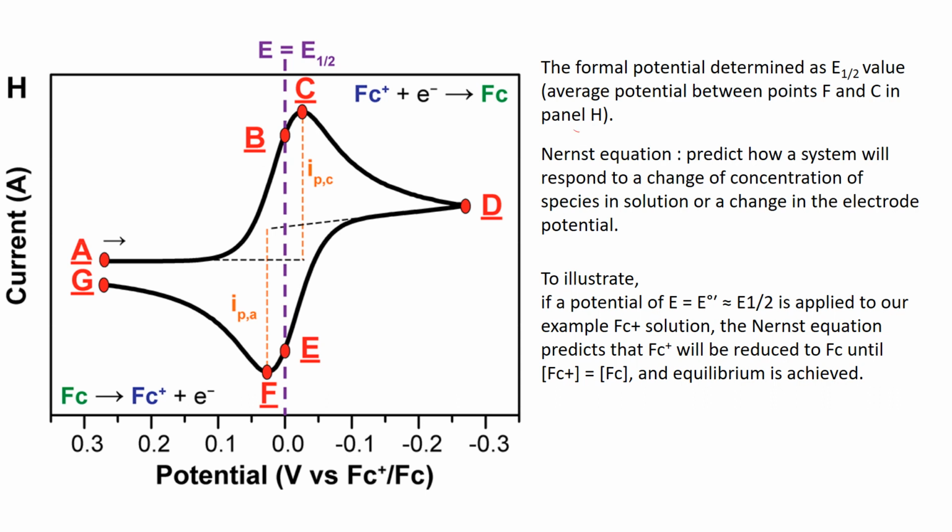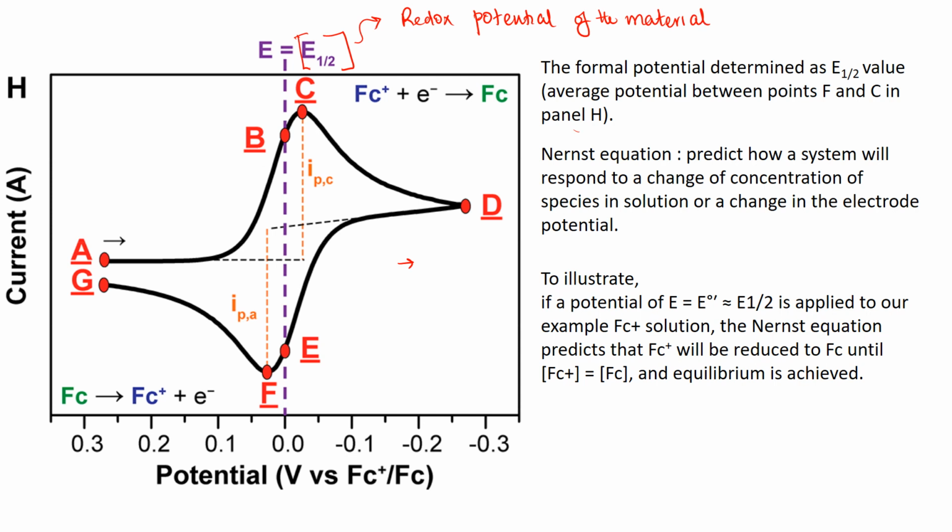This is the cyclic voltammetry curve, and E half. This E half is determined from the curve. Now this is the redox potential. Redox potential of the material.